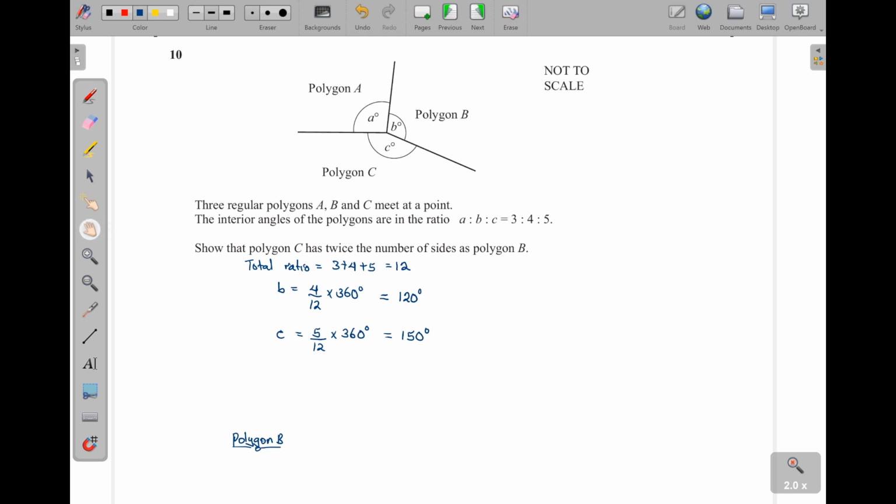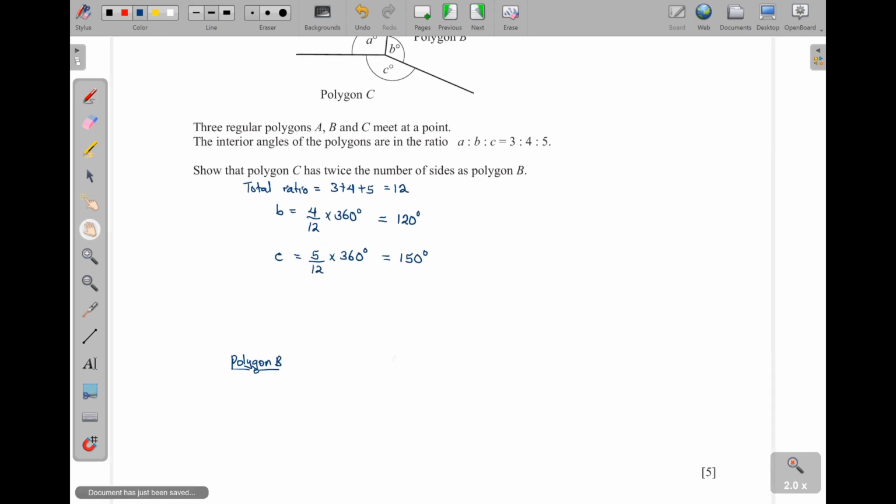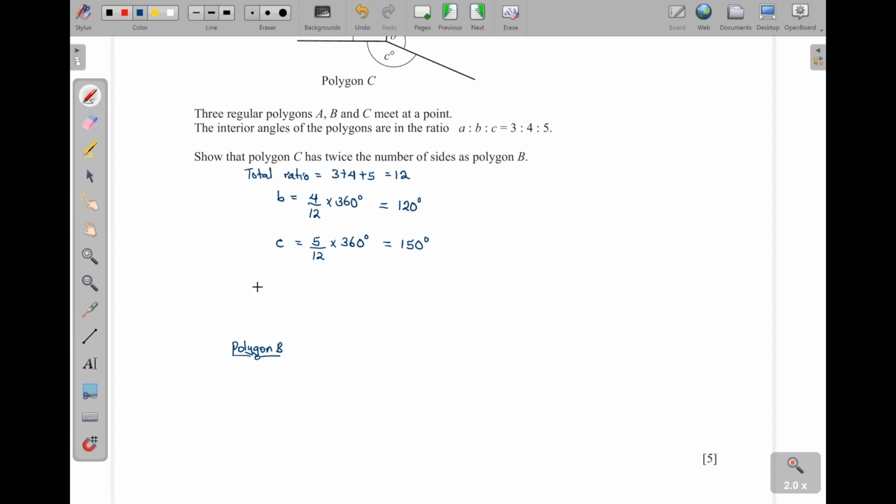Now, we know that the interior angle of a regular polygon is equal to 180 degrees into n minus 2 out of n. This one represents the sum of the interior angles, and we bring in the n minus 2.